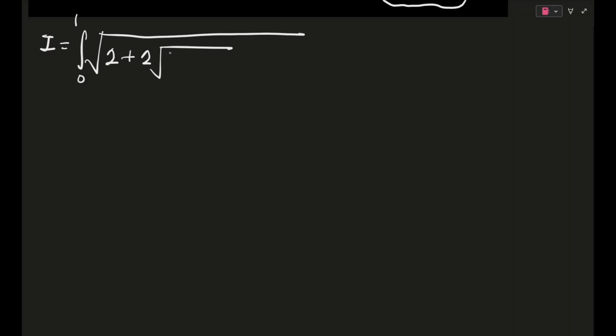If we write down our integral I, it equals the integral from 0 to 1 of root under 2 plus 2 root 2x minus x square, plus f dash x whole square, dx. Let's simplify this a bit.